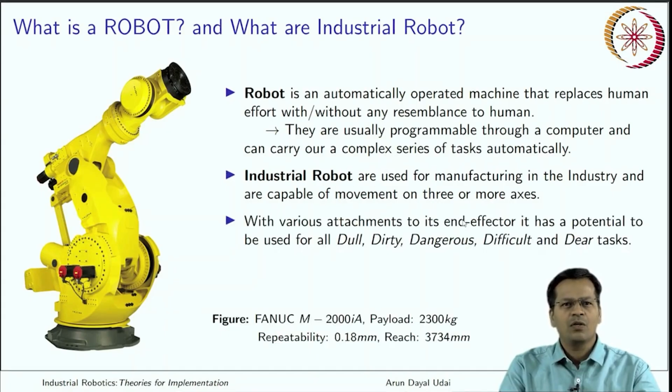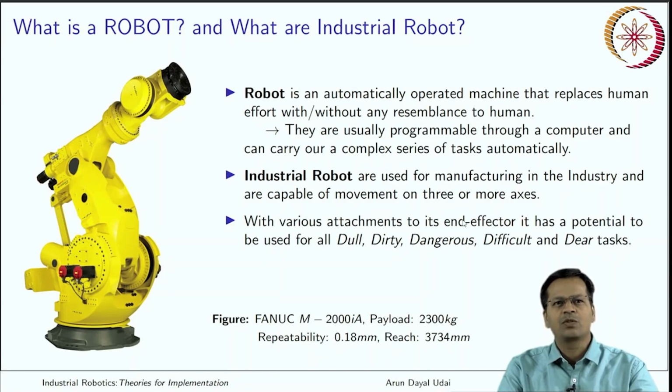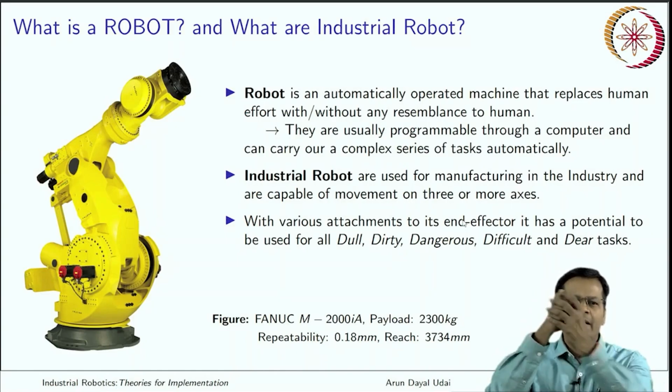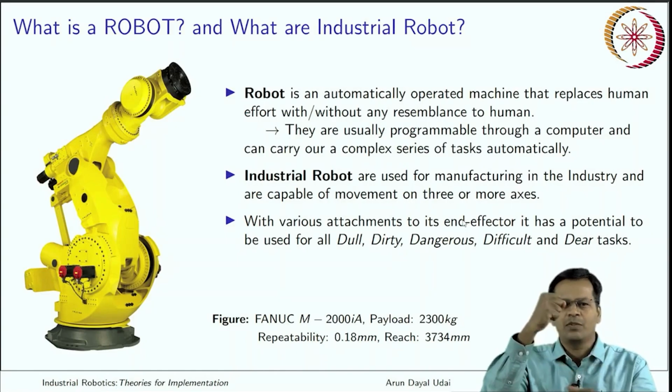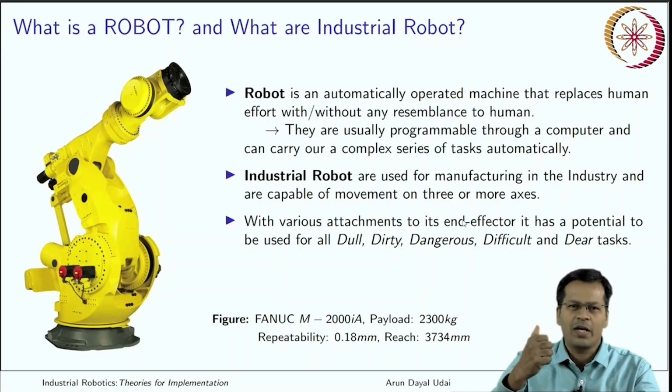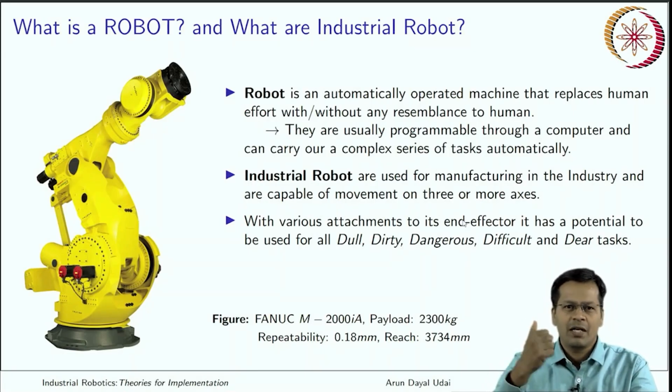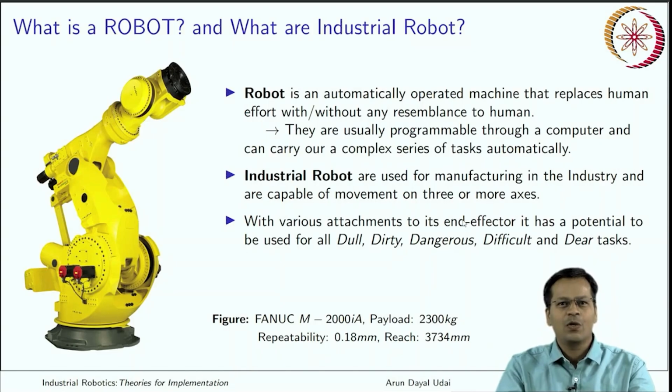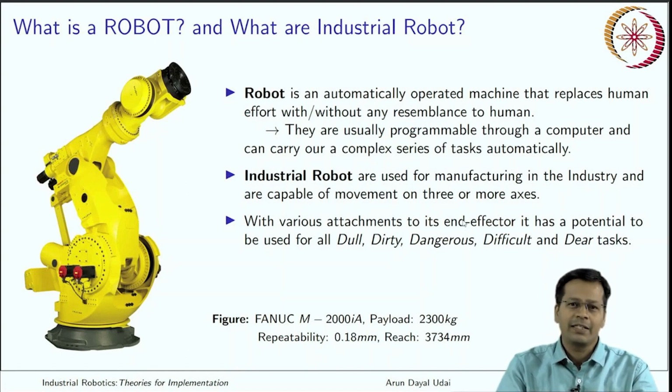Then there is the end effector, which is right at the end tip of the arm and holds the tool. That tool can be a welding tool, a gluing tool, polishing, buffing, grinding, anything like that. With the end effector attached, the robot has the potential to do all sorts of dirty, dull, dangerous, difficult, or dear tasks.